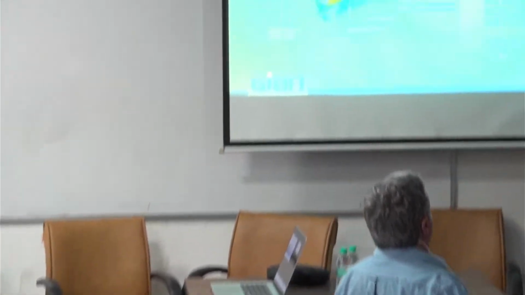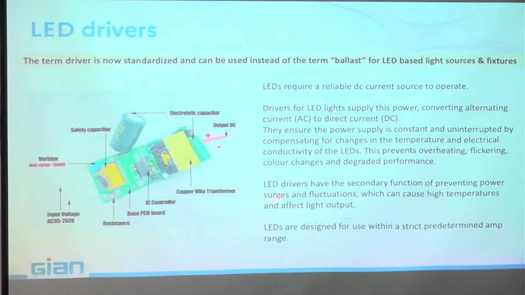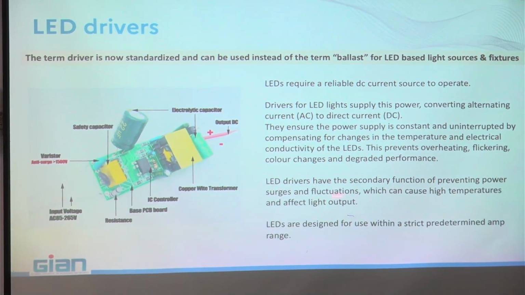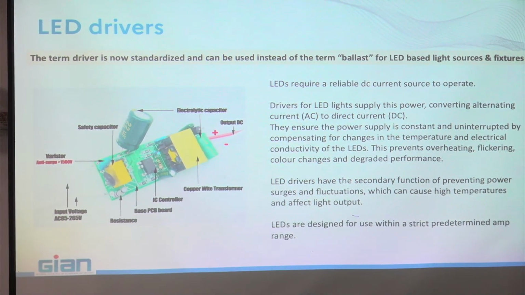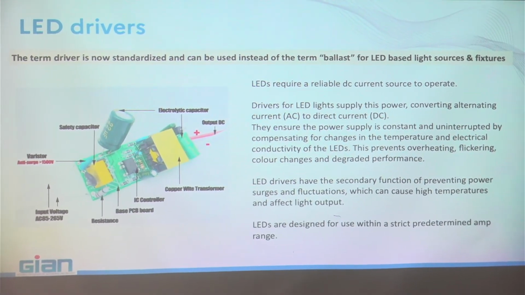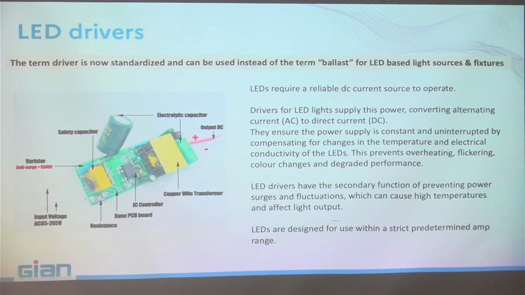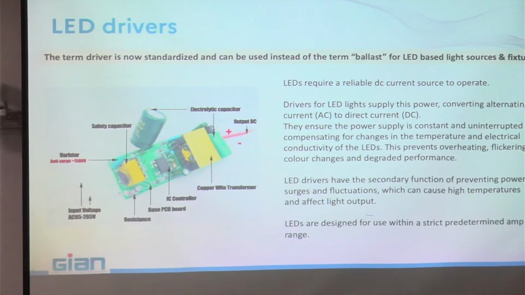Well, the drivers also have a secondary function, which is preventing power surge fluctuations, especially for flicker, and they are designed for use within a strict predetermined amp range. You cannot take a ballast that is assumed to provide 400 milliamps and use exactly the same topology if you want to have 3 times more.